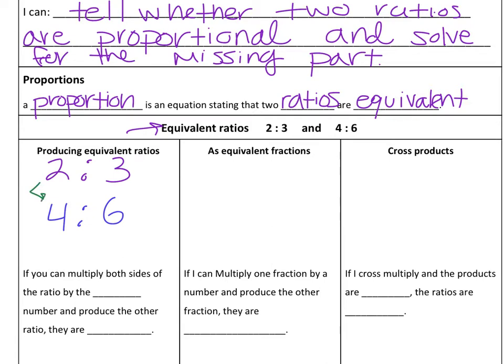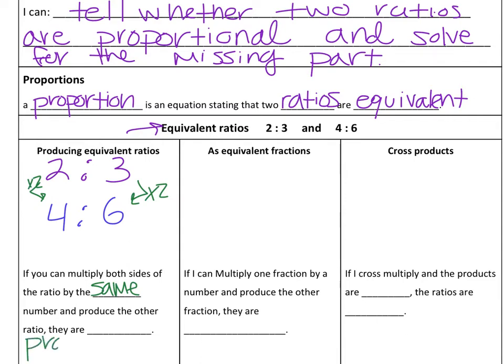So let's think. What times 2 is 4? Well, 2 times 2 is 4. Does that work on the same side? Is 3 times 2 6? Yes. So those are proportional. If you can multiply both sides of the ratio by the same number and produce the other ratio, they are proportional.